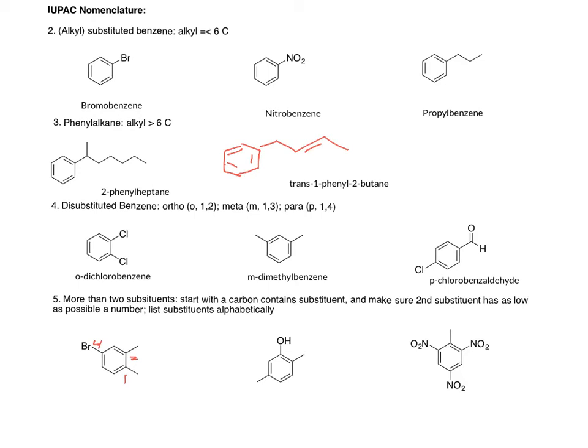Under that circumstance, you name the substituents in alphabetical order. Therefore, you're going to have 4-bromo-1,2-dimethylbenzene.